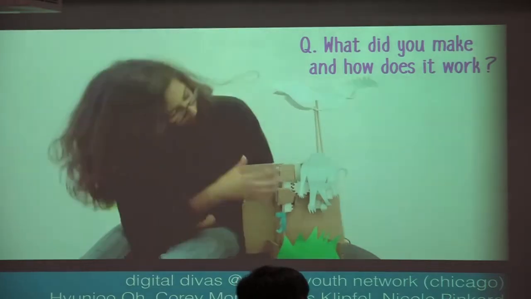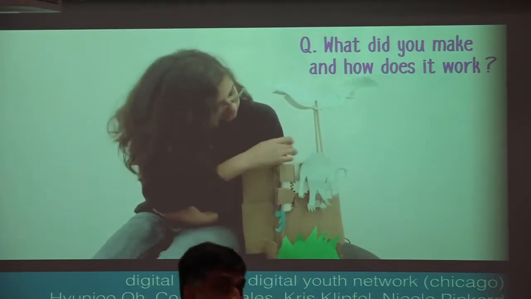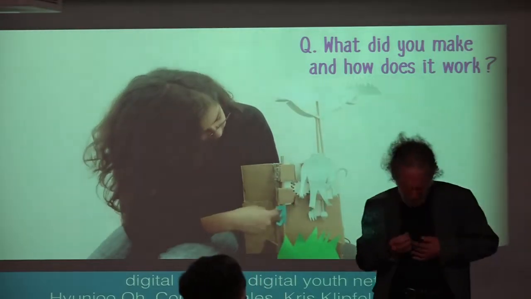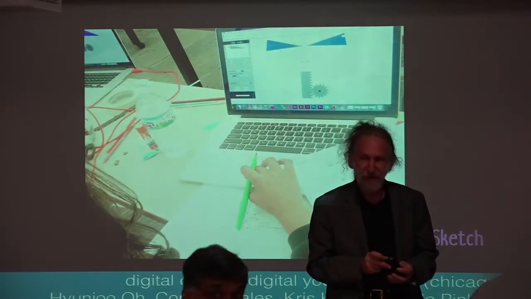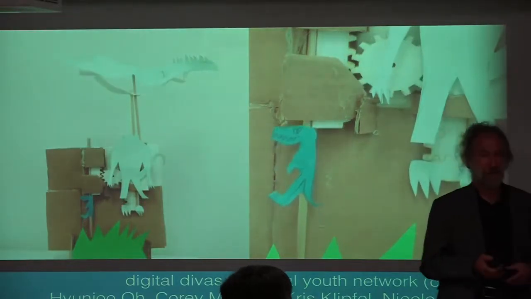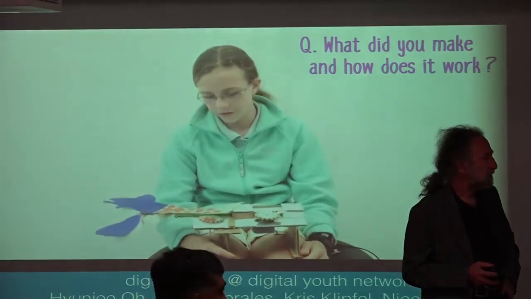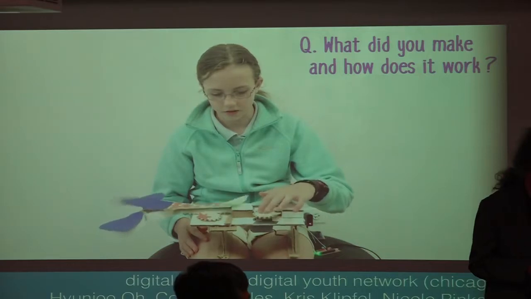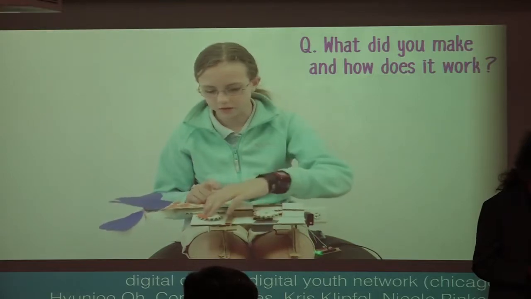The motor in the back and the pinion powers the racks, these two racks, and this rack makes it move. So I made a fish, and it works because basically these wheels are turning. This wheel is turning with the motor on it, which is moving this piece of cardboard to turn this one.